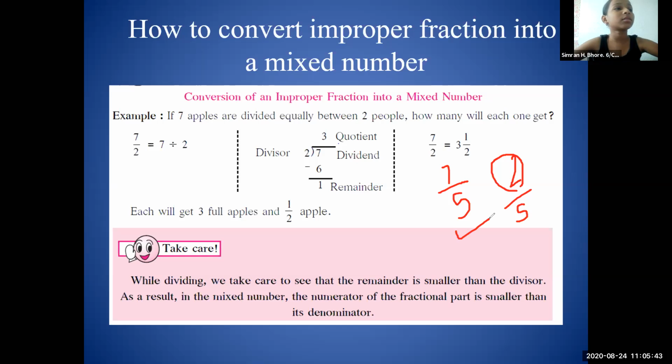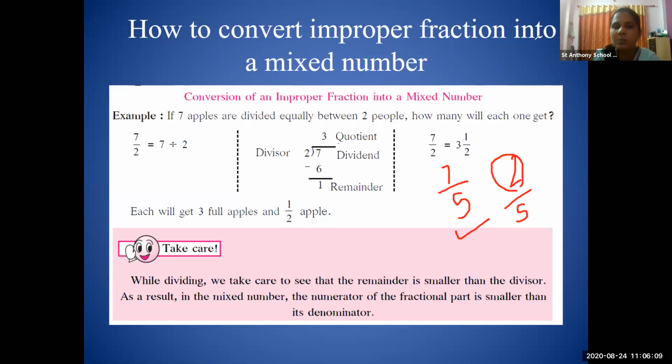Proper fraction. Now I told you, if the numerator is smaller than the denominator, then it is an example of a proper fraction. If the numerator is greater than the denominator, then it is an example of what? Improper fraction. Yes, it is an example of an improper fraction.